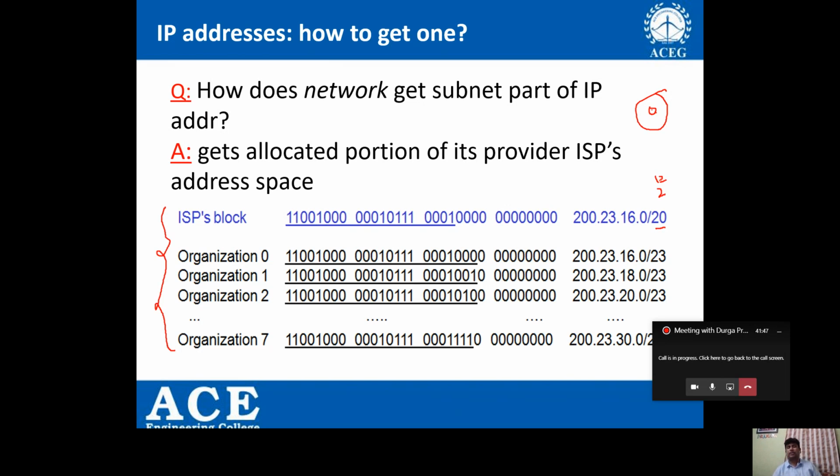So this particular company or ISP purchased 2 power 12 IPs, and then it is trying to divide these 2 power 12 IPs among 8 organizations, which can also be represented as 2 power 3, so that each organization will get 2 power 9 IP addresses. So we start with the total original IP address, and then we could find a split among those IP addresses among the multiple organizations.